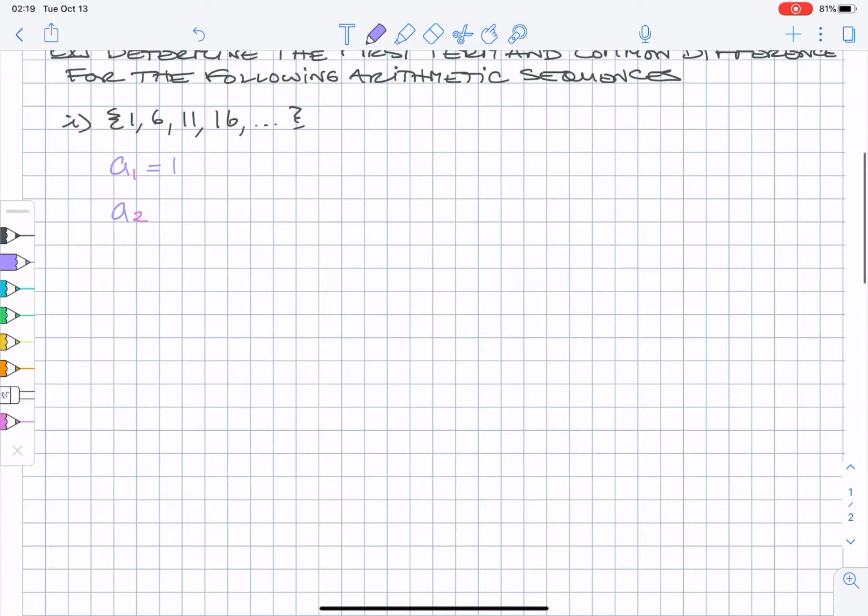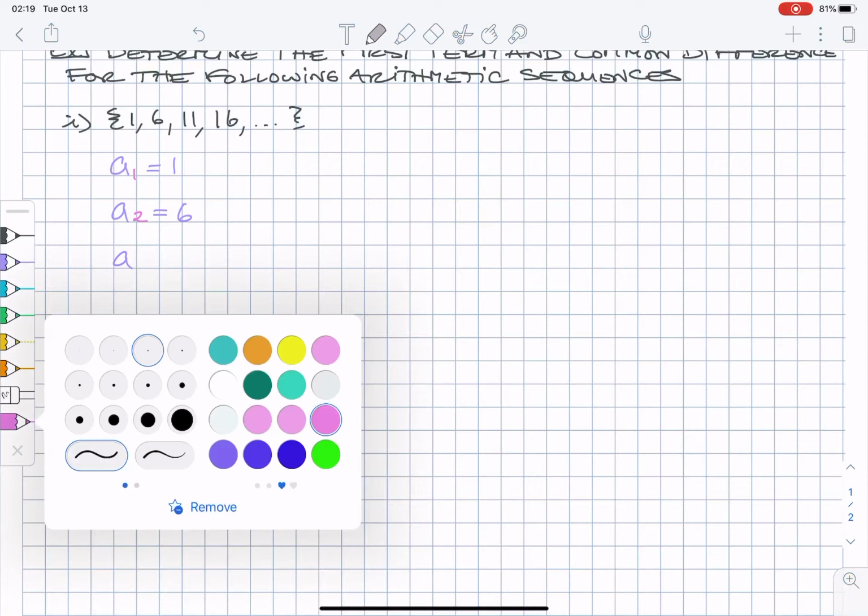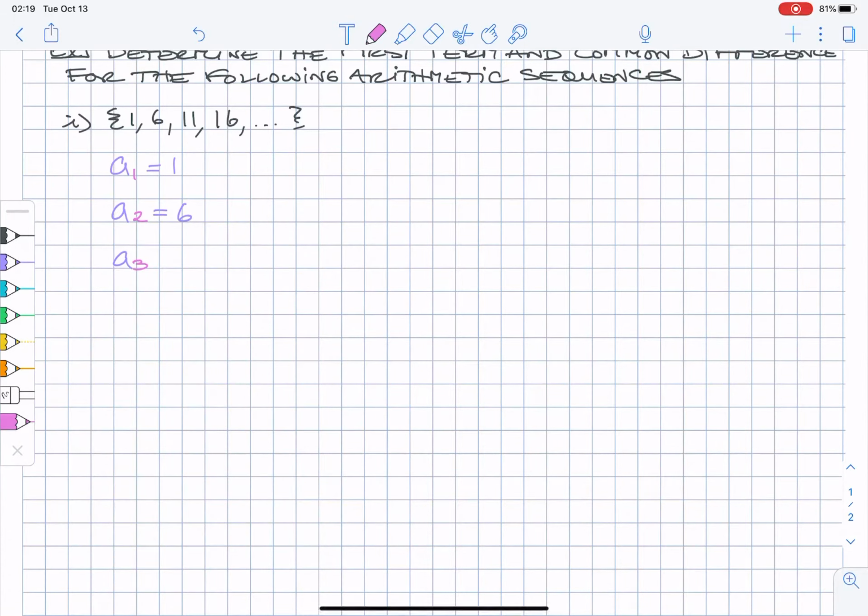Okay, so a sub 2 is equal to 6. A sub 3 is equal to 11. A sub 4 is equal to 16. So that's all I have. But I claim the common difference: 6 minus 1 is equal to 5. 11 minus 6 is also equal to 5.